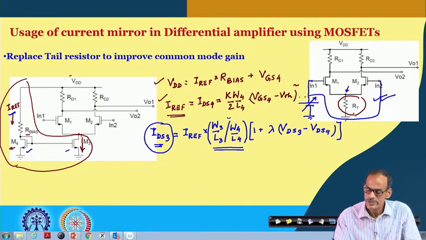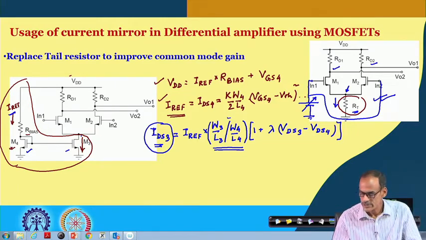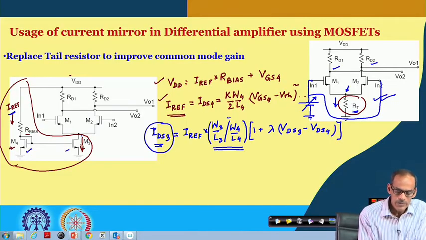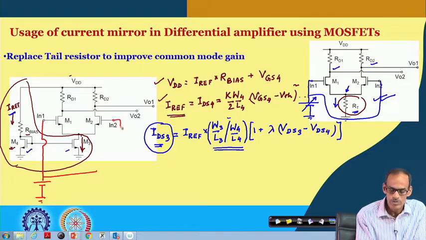And if we have a simple tail resistor, if this voltage changes, then the corresponding tail current also changes, and as a result the output DC voltage also changes. Now, in comparison, consider this circuit having the tail current mirror, where we have a common DC voltage at both the inputs.